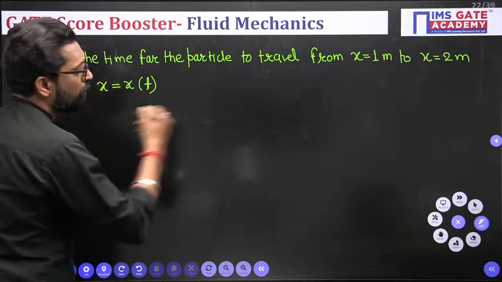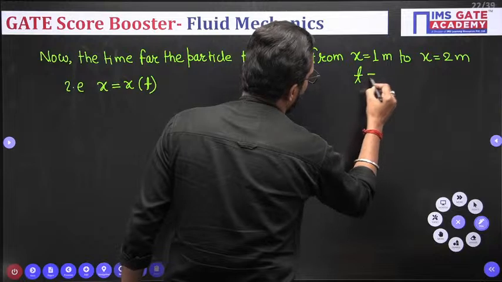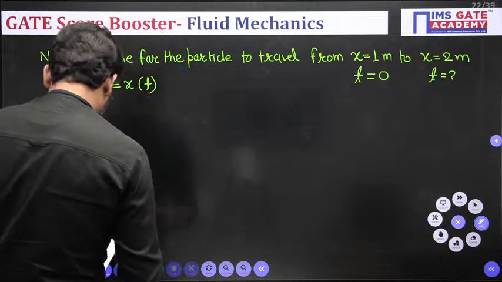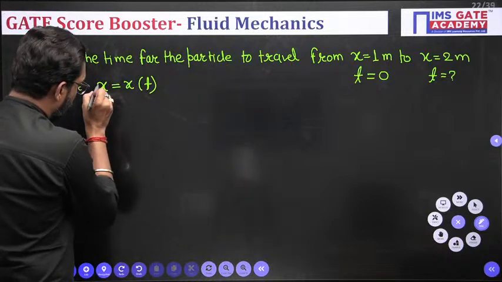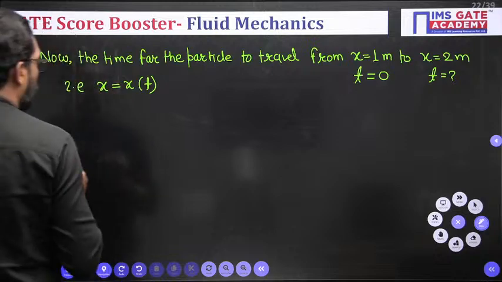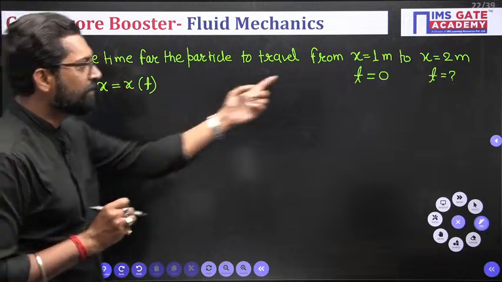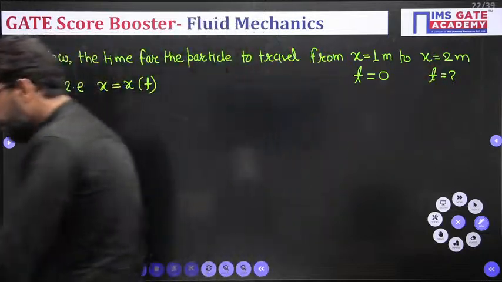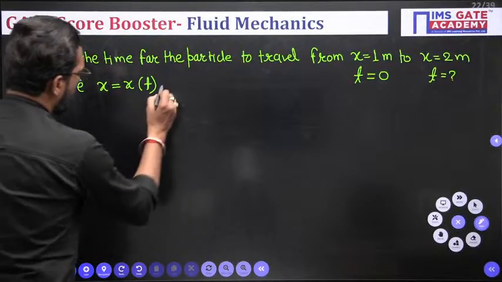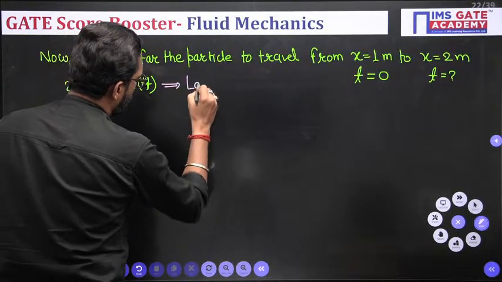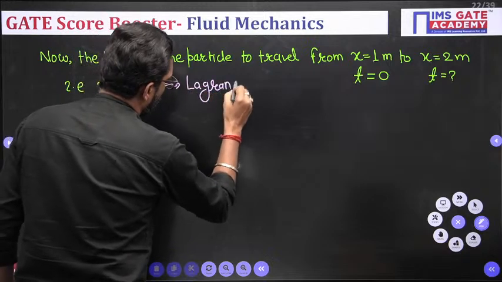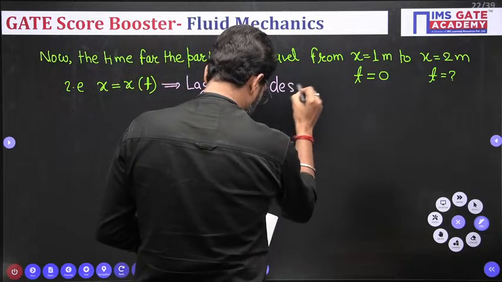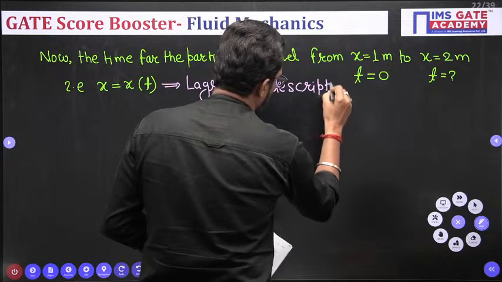That means x is equal to 1 meter when time is equal to 0, and we have to find when x is equal to 2 meter. So we have to fix the location with respect to time, that is the Lagrangian approach. This is your Lagrangian description.